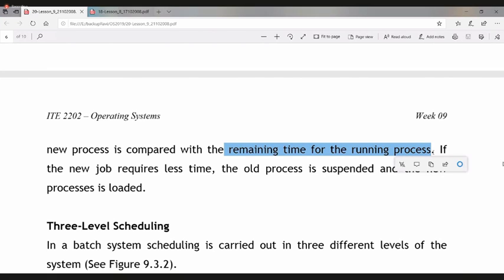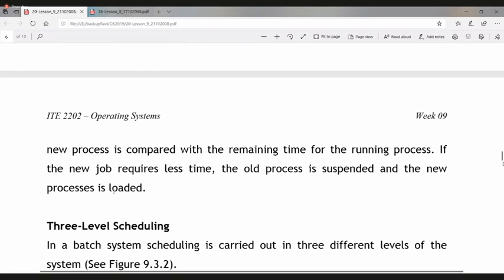So if a process has executed one quarter, you take the remaining three quarters to compare with the new job's time. If the new job requires less time, the running process is suspended and the new process is loaded.